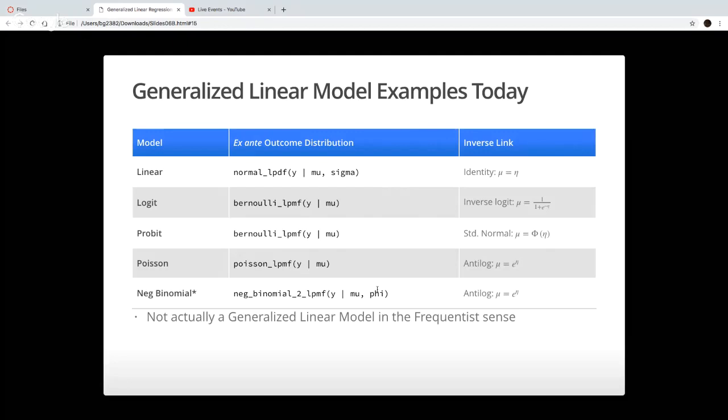But these ideas of, what's the pre-data distribution of the outcome look like? What's the conditional mean of that distribution? How is the conditional mean related to the linear predictor? And then what goes into the linear predictor are really the essential elements of specifying one of these generalized linear models, or at least the likelihood function for one of these generalized linear models.